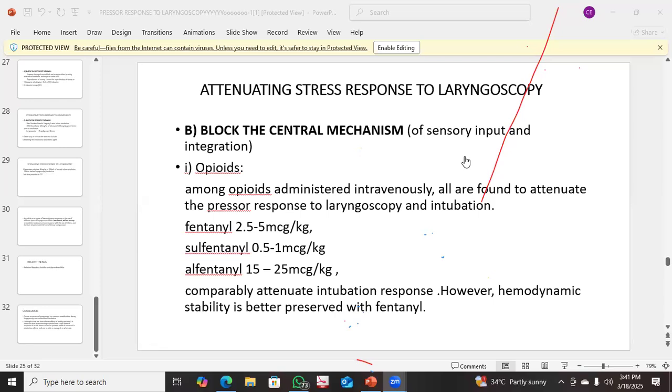But then there was development of the McIntosh, and there was a lot of celebration when McIntosh came in because of the shape. It follows the shape of the tongue, but the main thing about the McIntosh is the indirect ability to lift up the epiglottis.